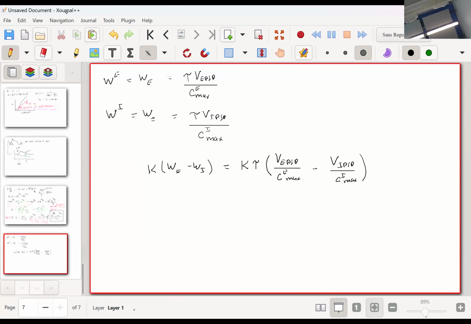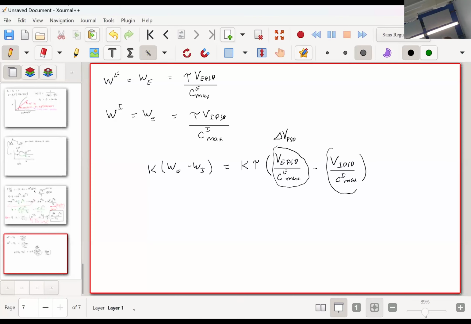Okay, and I'm just going to give these a name. Let's call this quantity here delta V0, I call it delta V PSP.